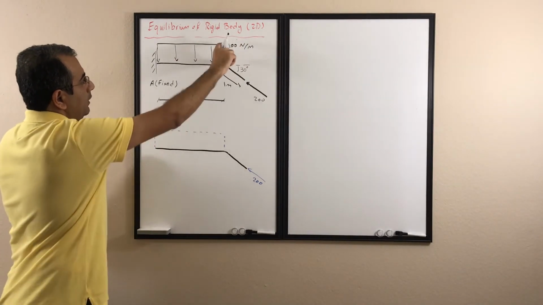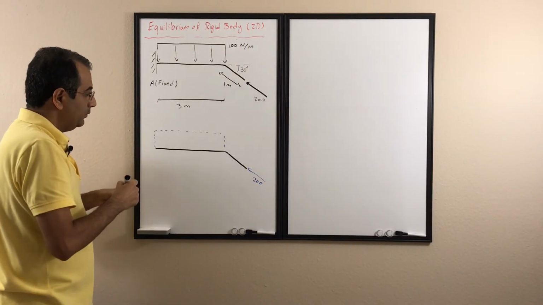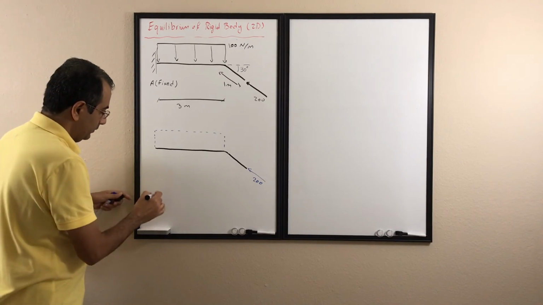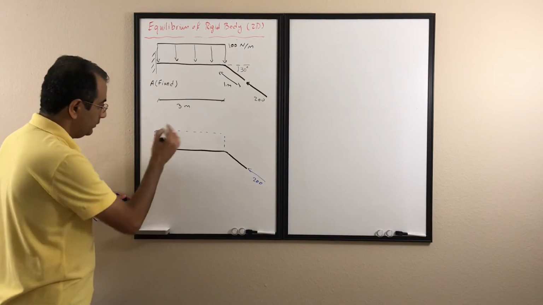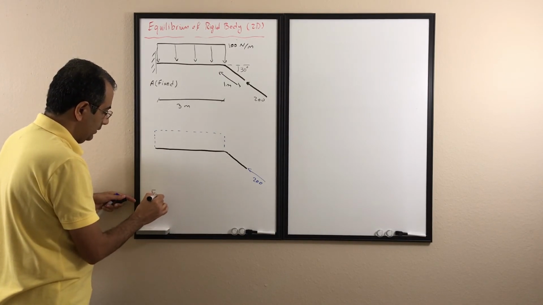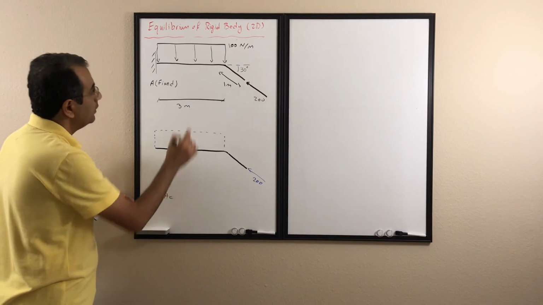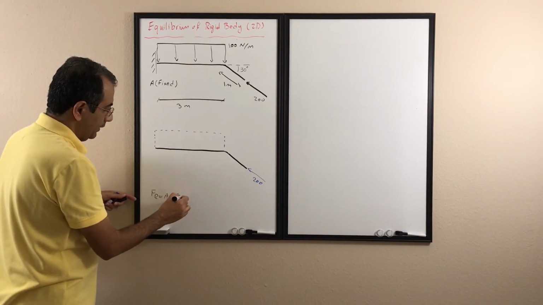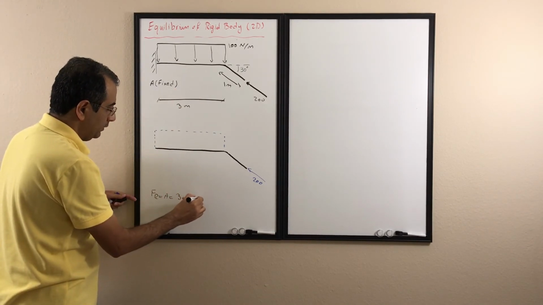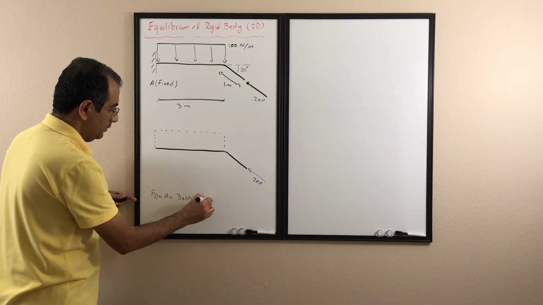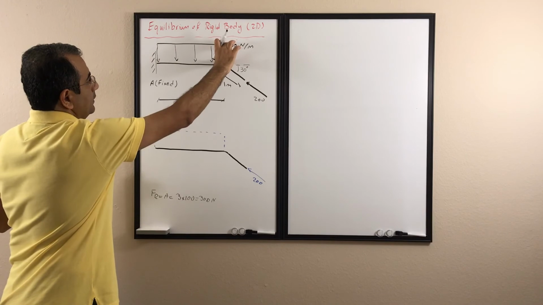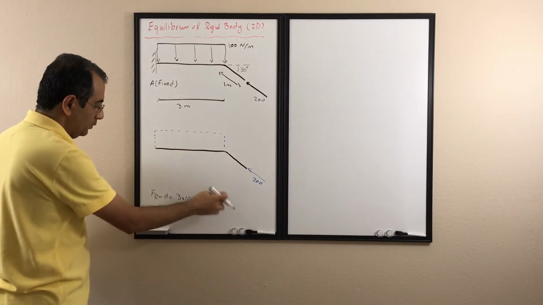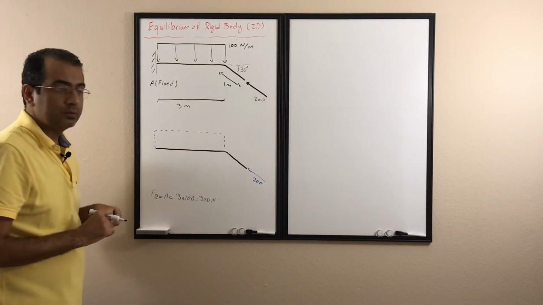So the resultant force from the distributed load is the area, 3 times 100, which is 300 Newton. So the total load is going to be 300 Newton.